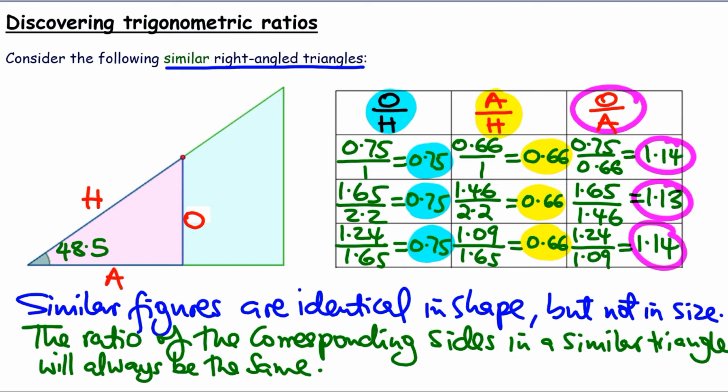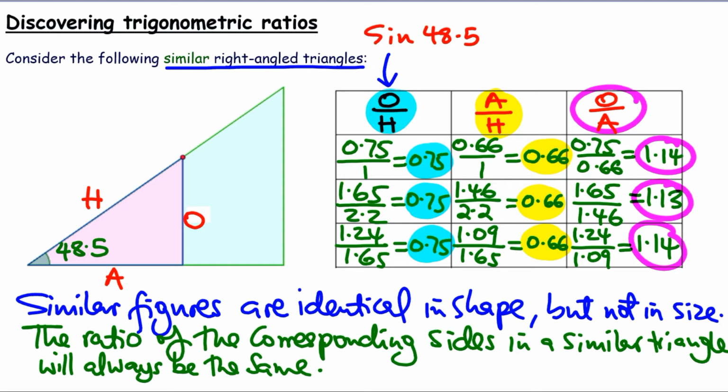Okay, so this idea brings us to very important concepts. Mathematicians have labeled this ratio, they call it sine of this angle here. So our angle is 48.5. So this will be sine of 48.5, which is interesting. What is sine? Sine is just a name for a trigonometric ratio, opposite over hypotenuse.